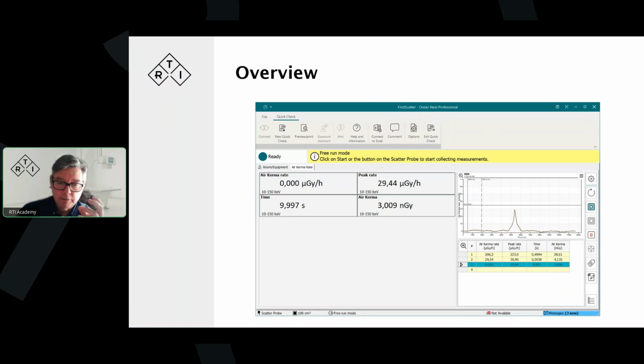The scatter probe thread is the same as for a typical camera tripod, so you can get a really cheap tripod, not a problem. You don't want to be in the room until you know that the radiation levels are low, and you don't know that until you measure first. So you should have something on a tripod in a good position. Make your exposure, see how that works out.